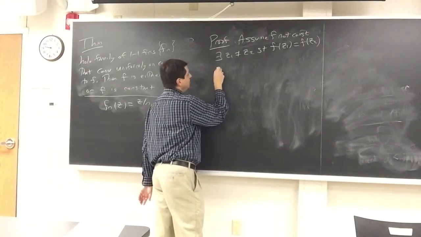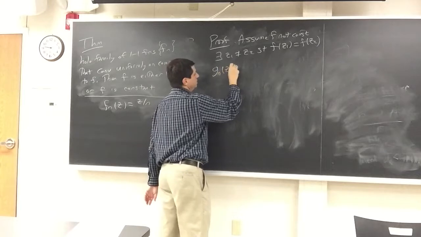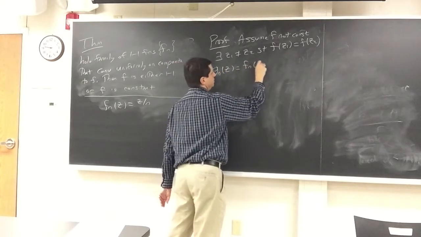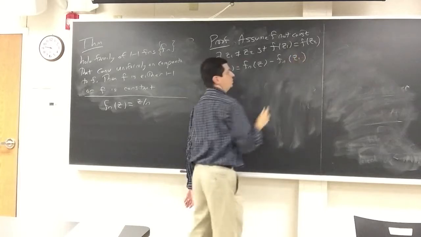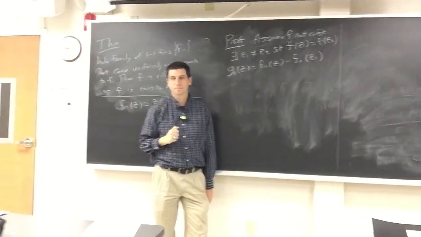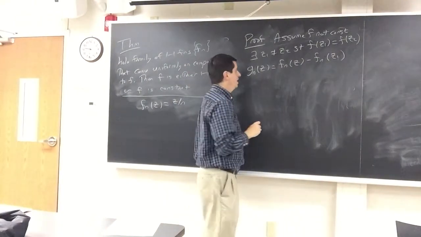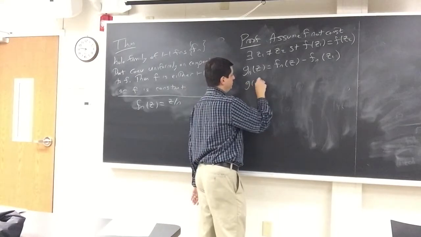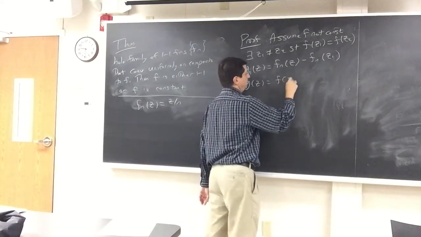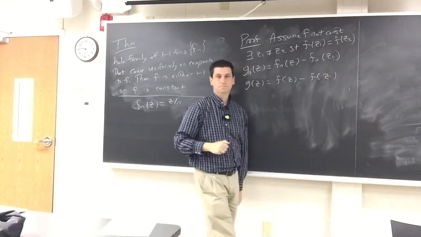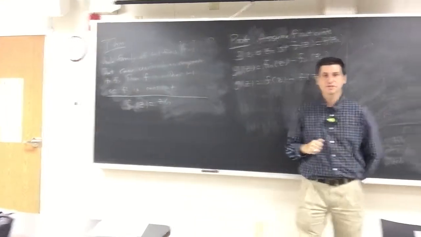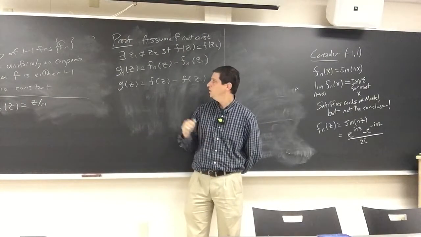So let's define g_n(z) to be f_n(z) minus f_n(z_1). And then in the limit, just g(z) will be f(z) minus f(z_1). So in situations where these limits exist, we can define them thusly.